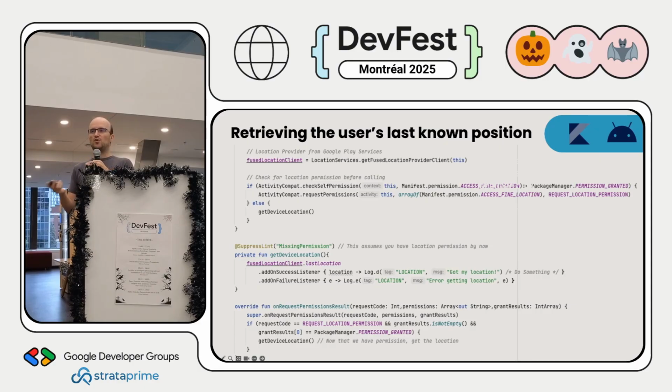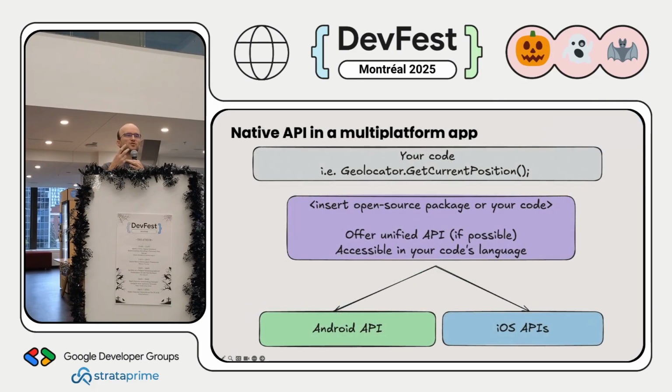But as a mobile multi-platform developer, you don't want to deal with, on iOS, let's do this code, on Android, let's do that code. So you abstract that together. The goal would be to use something like geolocator, get current position. That's what you would call within your app.